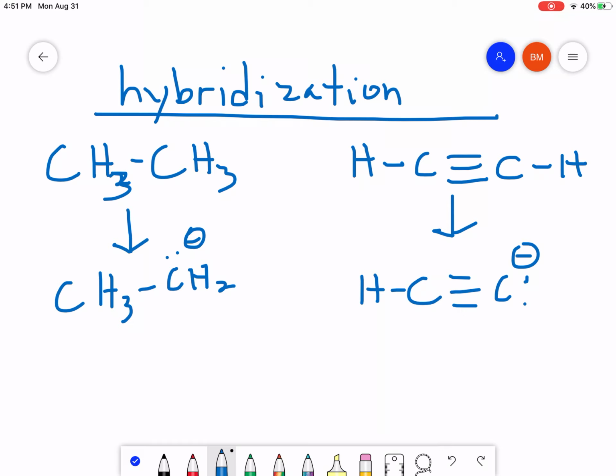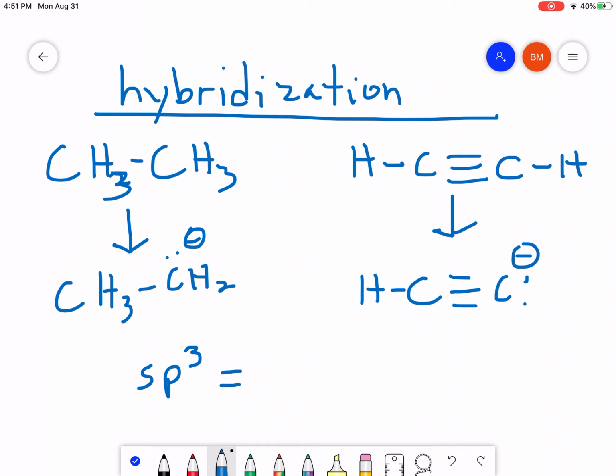Also, when we look at hybrid orbitals, we can determine something called S character. S character basically means what percentage of the hybrid orbital is composed of S in any given situation. So for example, if we had an sp3 orbital, what percentage of an sp3 orbital is made out of S?